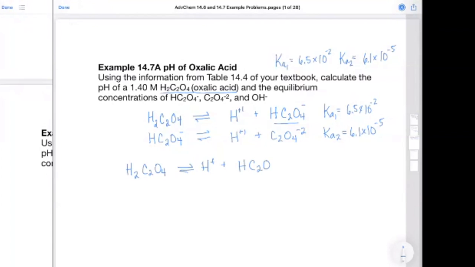So we're going to take the first equation with the Ka1 value of 6.5 times 10 to the negative second, and we'll do an ICE chart like we have done before. So originally, the initial concentration for this one is 1.4. We have none of these. You guys should be getting really used to this. Probably can do this in your sleep.